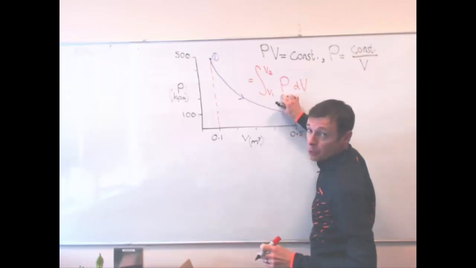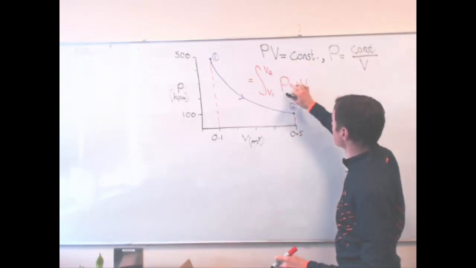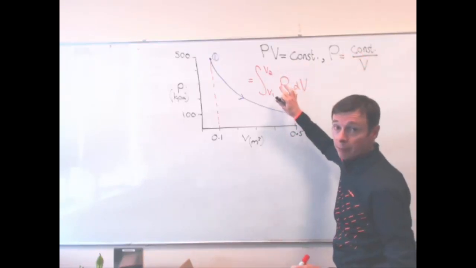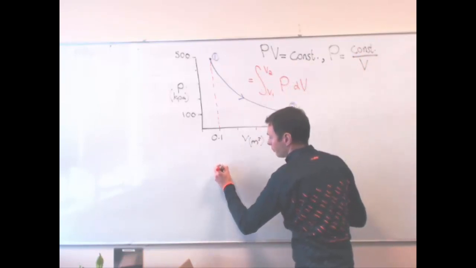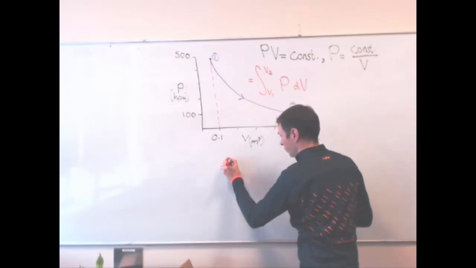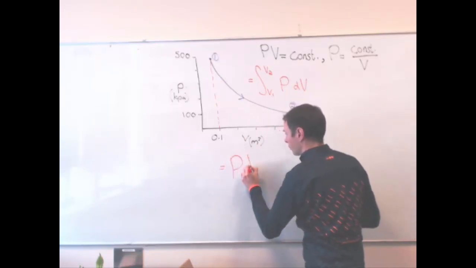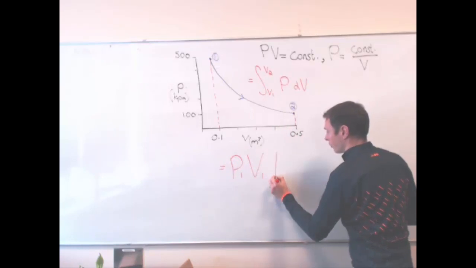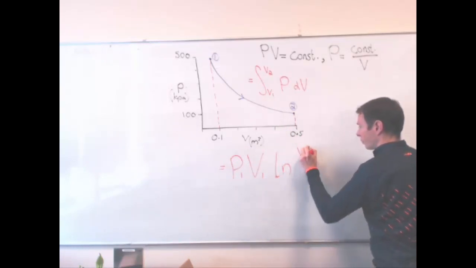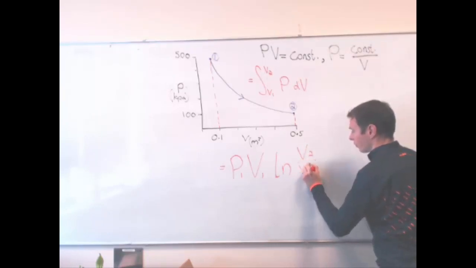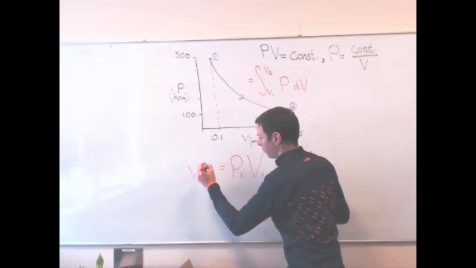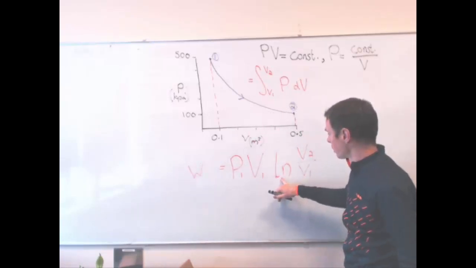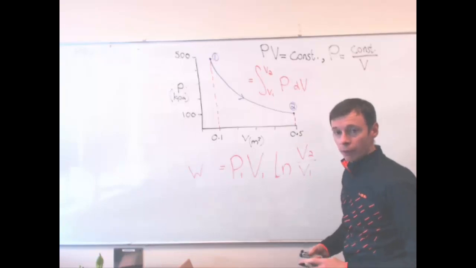We can make a substitution for P: we know that PV equals a constant, so P equals a constant over V. Then we can solve this integral. So the work done equals P1 V1 multiplied by the natural log of V2 over V1.